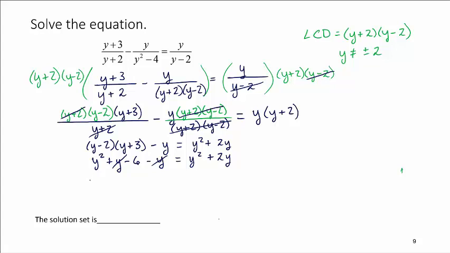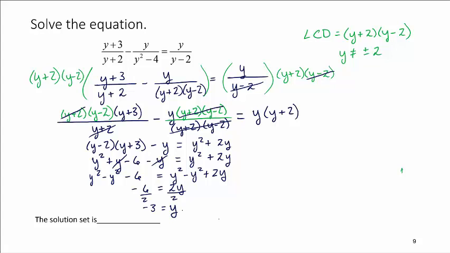And I'm going to go ahead and subtract y squared from both sides, right? So y squared minus 6 equal to y squared minus y squared plus 2y. So now I have negative 6 equal to 2y, and I'm going to divide both sides by 2. So I have negative 3 equal to y.